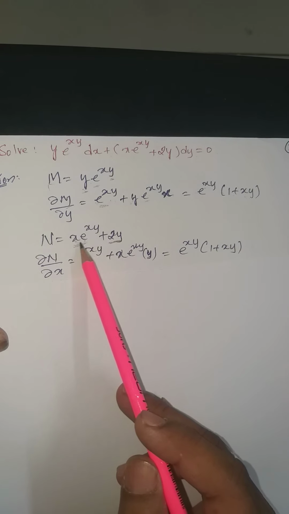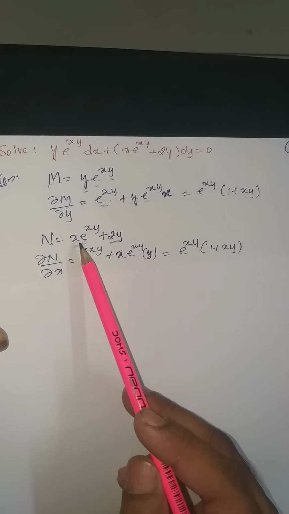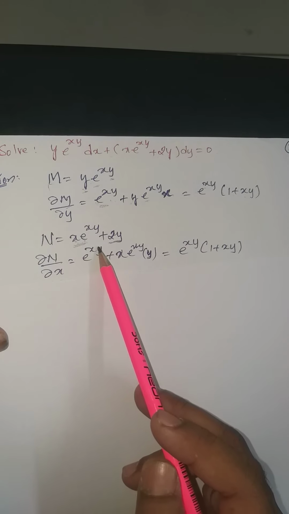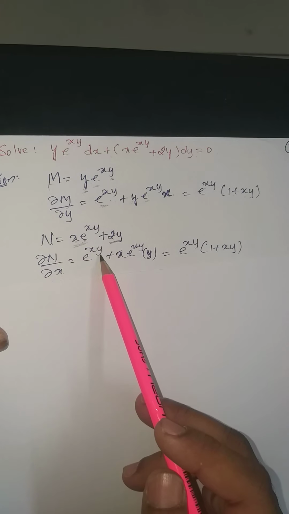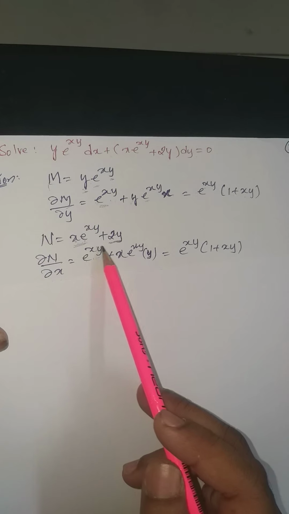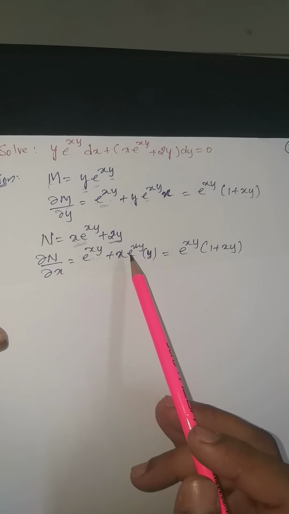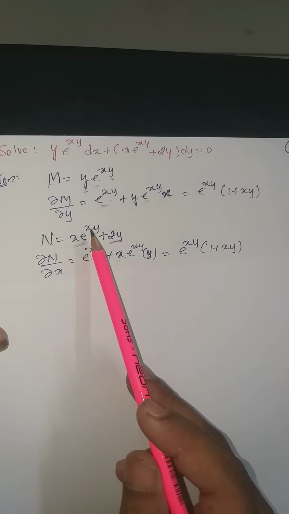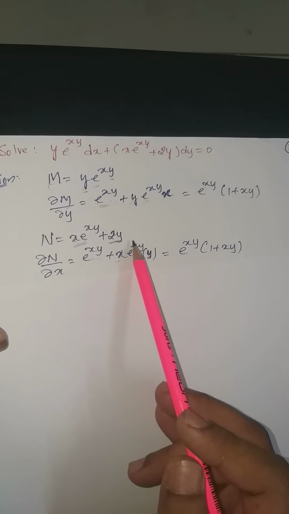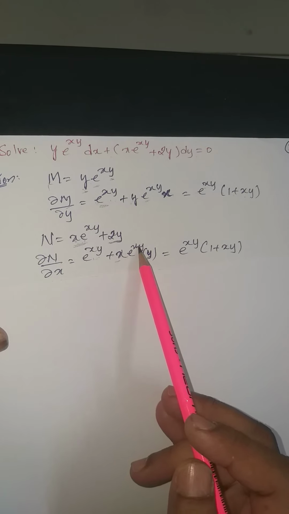Using the u into v rule, differentiating partially with respect to x, first we keep e^(xy) constant and differentiate x with respect to x, which becomes 1. So you can write e^(xy), plus x is held constant and the differentiation of e^(xy) with respect to x becomes e^(xy) into y, because y is held constant.